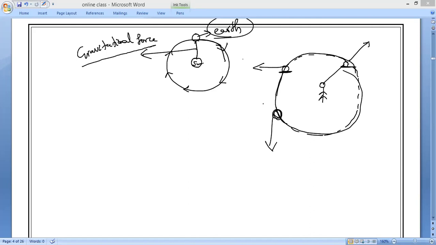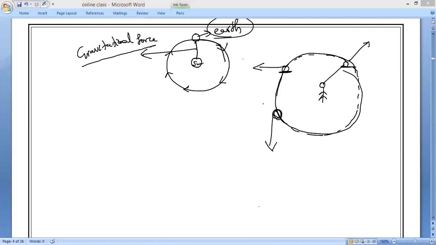If the velocity changes, automatically acceleration will change. That you have to remember. That is uniform circular motion and how the circular motion of a body takes place. Is it okay, guys?